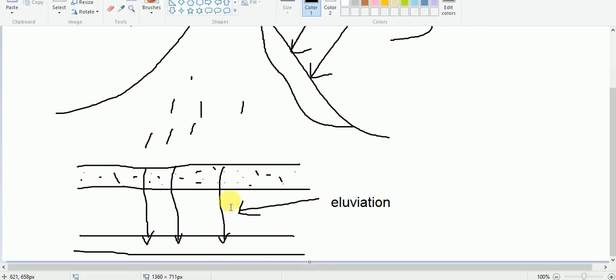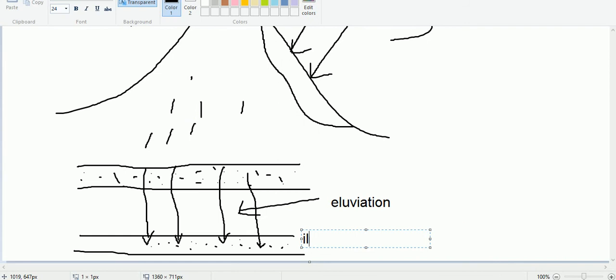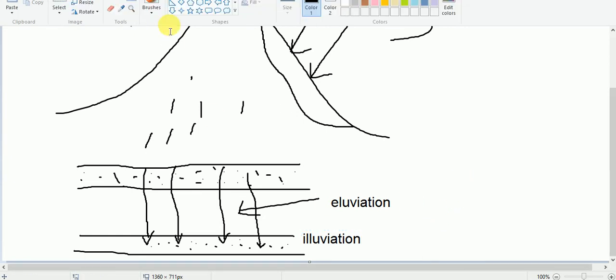These transported materials will be deposited in another layer located downward. So these materials will be transported and deposited here, maybe in the B horizon, and this process of deposition is known as illuviation.